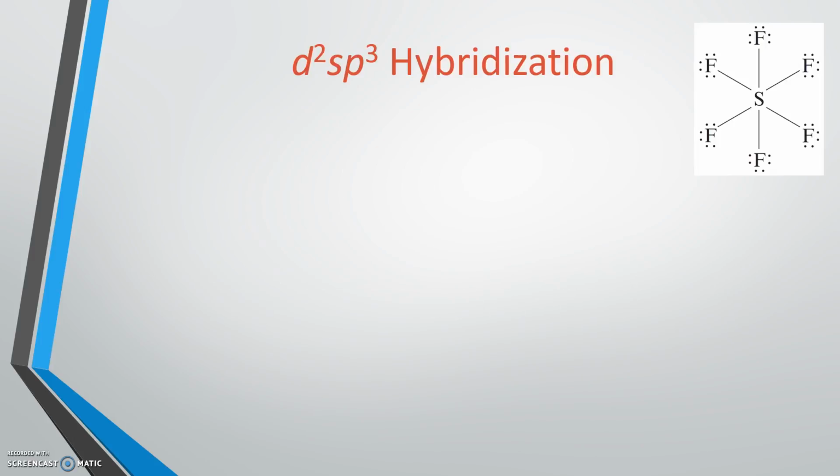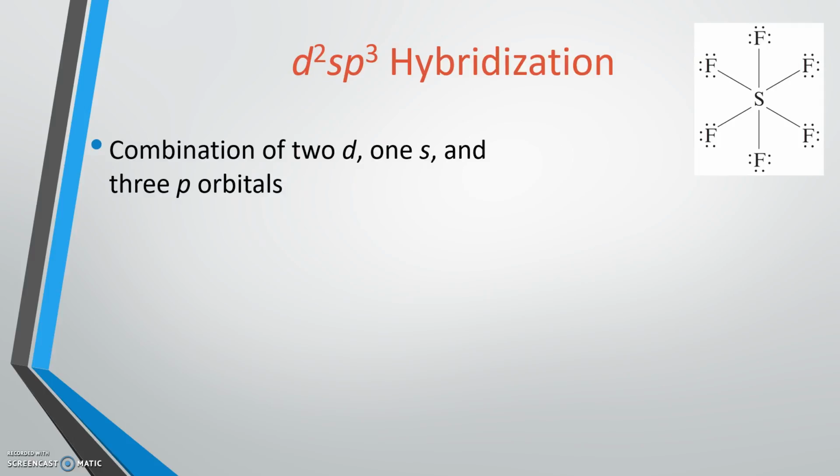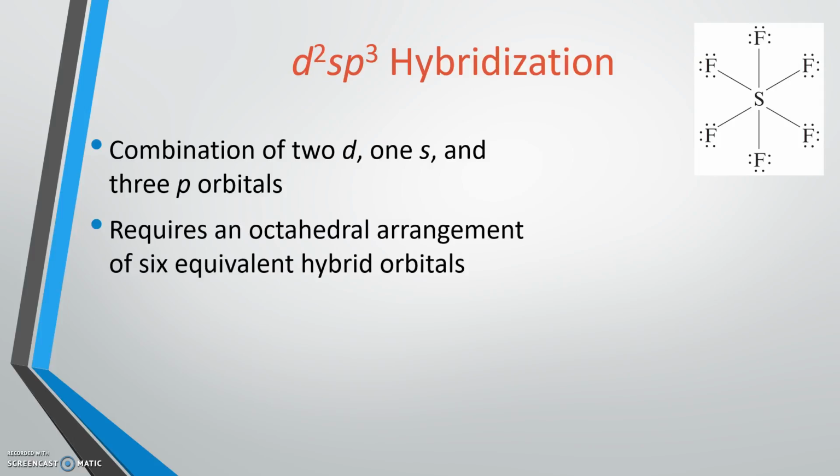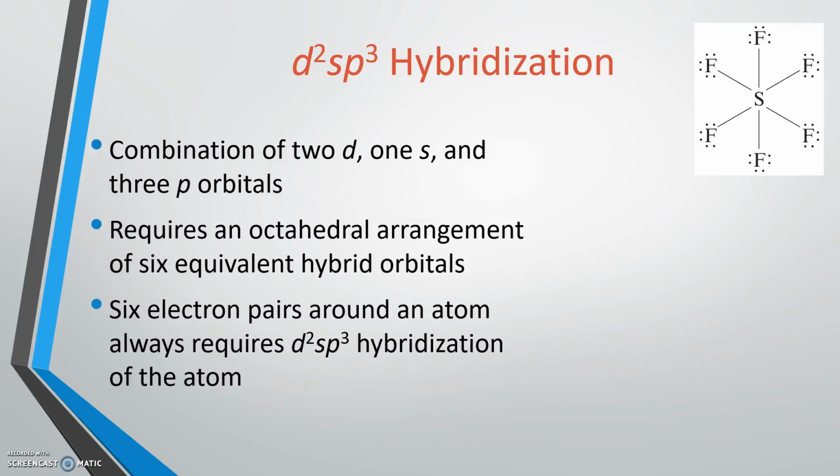bonds. Some molecules have 6 pairs of electrons around the central atom, such as sulfur hexafluoride. This requires an octahedral arrangement of the pairs. In order to achieve this, we need to combine 2d, 1s, and 3p orbitals. This requires an octahedral arrangement of 6 equivalent hybrid orbitals, and 6 electron pairs around an atom always requires d2sp3 hybridization of the atom.